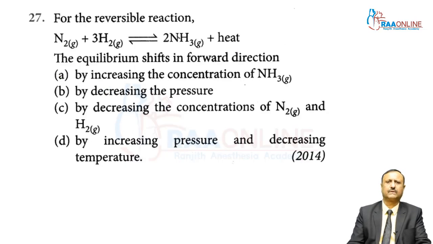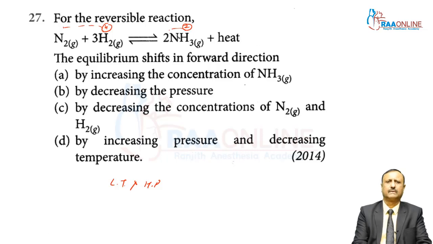Now, my dear students, we can go to question number 27. For the reversible reaction N2 plus 3 H2 giving 2 NH3, for the equilibrium to shift in the forward direction, you can see that low temperature is required and high pressure is required, because here you can see 4 moles and here you can see 2 moles.